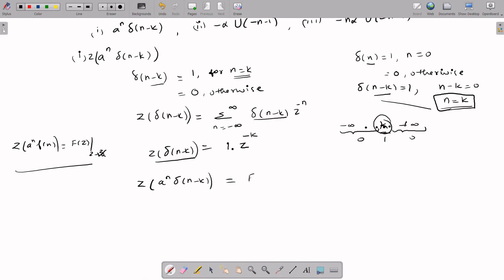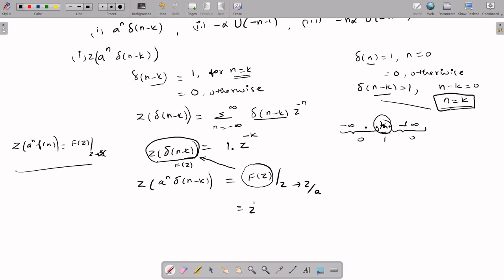This is your f of z, as z tending to z by a, since a is given. What is f of z? This f of z is the z transform of delta of n minus k. So we have to apply that result here.